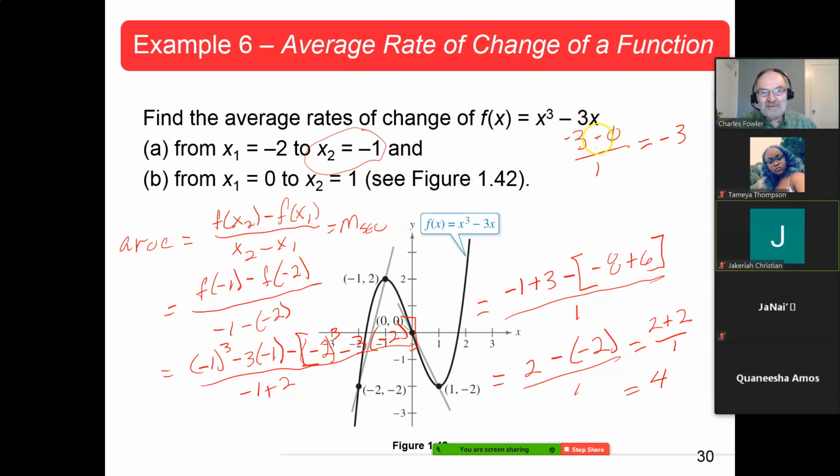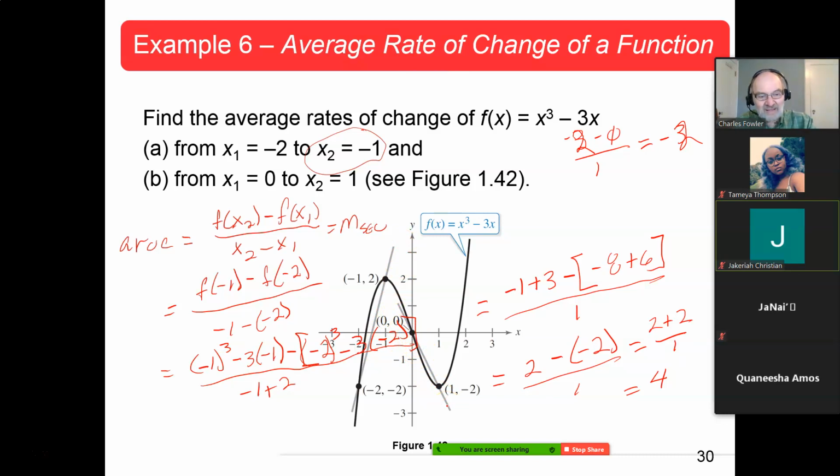Minus 3, 1 minus 3 is minus 2. So this is a minus 2 here. Sorry about that. This is minus 2 minus 0 divided by 1 minus 0. Sorry about that. I'm going too fast. That is a negative 2. So here's a positive 4 slope here, a negative 2 slope there.